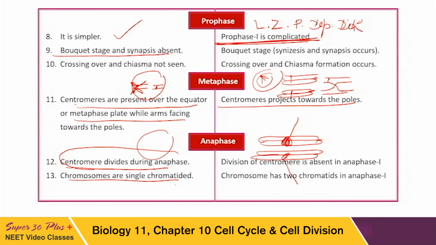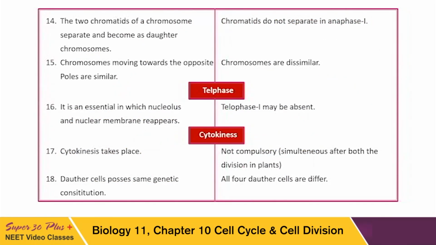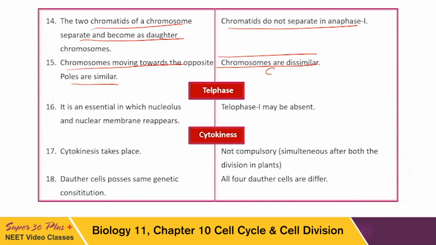In anaphase, this is one chromatid like this, this is another chromatid, while here complete chromosomes will be pulled towards the opposite pole. The 2 chromatids of a chromosome separate and become a daughter chromosome. Here chromatids do not separate. At anaphase, the chromosomes moving towards the opposite poles in mitosis are similar; here they are dissimilar because of the crossing over that was there in prophase first. That's why the chromosomes are dissimilar in genetic constitution.